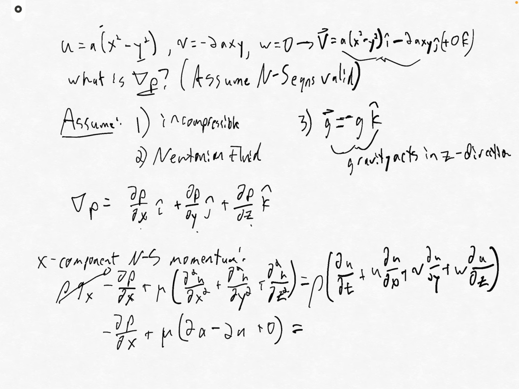This is going to be equal to rho times du/dt, which is 0. There's no time dependence here, plus u du/dx.